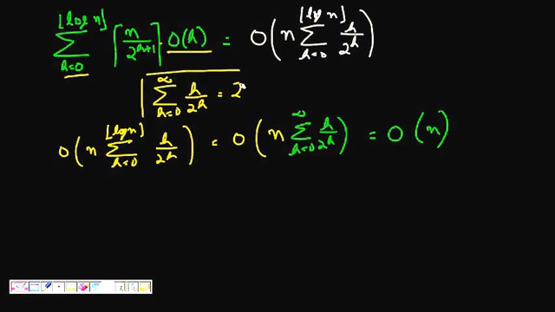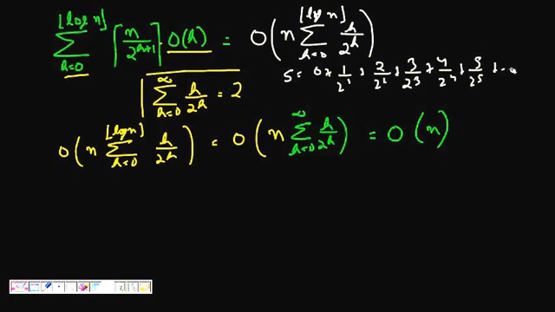You can try out this mathematics, it is a simple summation: 0 plus 1 by 2 to the power of 1 plus 2 by 2 squared plus 3 by 2 cubed plus 4 by 2 to the power of 4, 5 by 2 to the power of 5. If you do the summation like this, it will come out to be 2. We will not go that deep, but it is an arithmetico-geometric series and you can work it out.